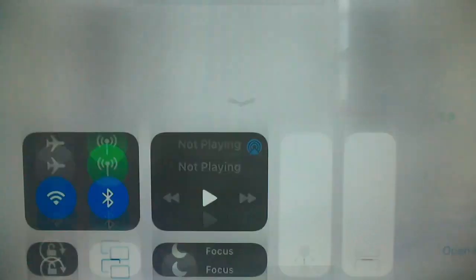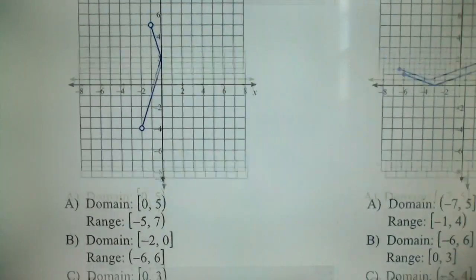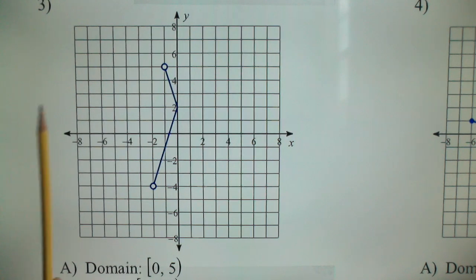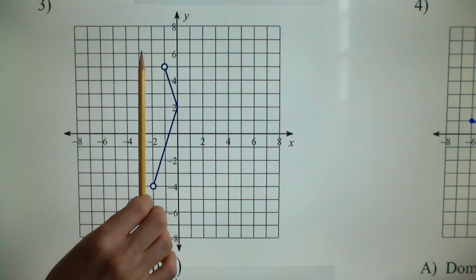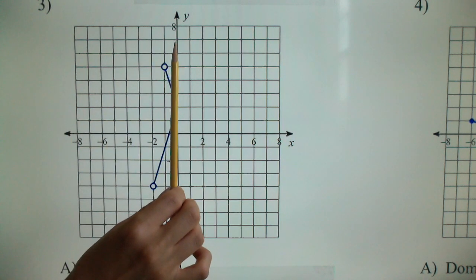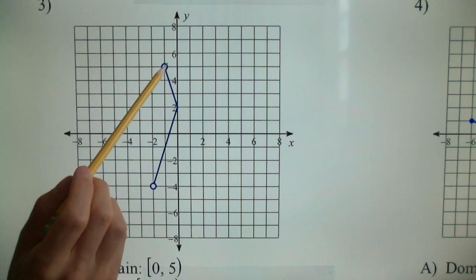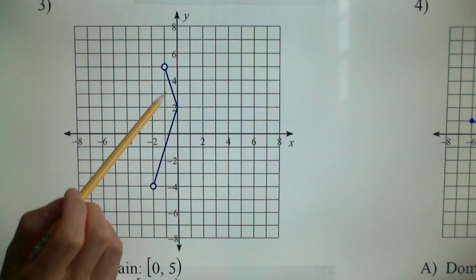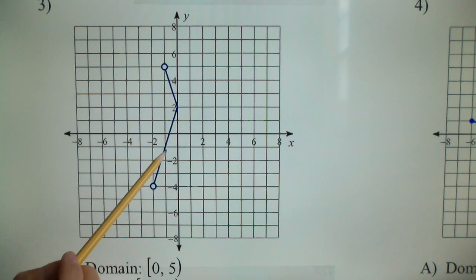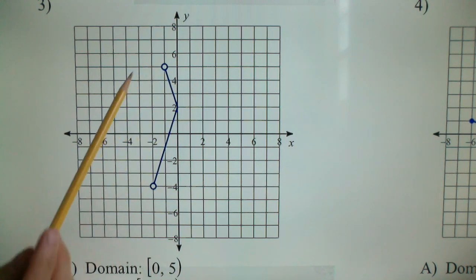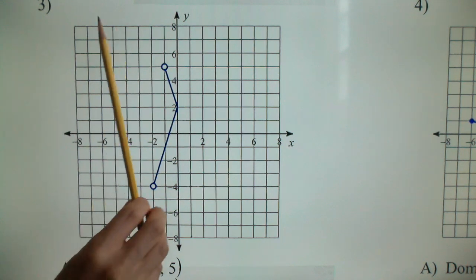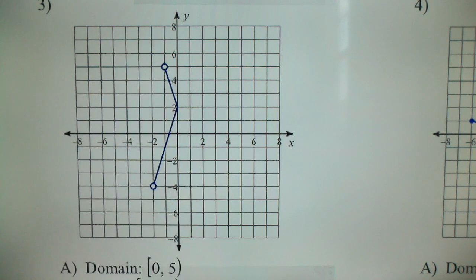Let's go over number 3. So it goes from -2 to 0. But only one thing that I want you to remember, this is open, so it looks like a -1 is not included, but actually you have 1 included here. So we'll say it's continuously -2 to 0.